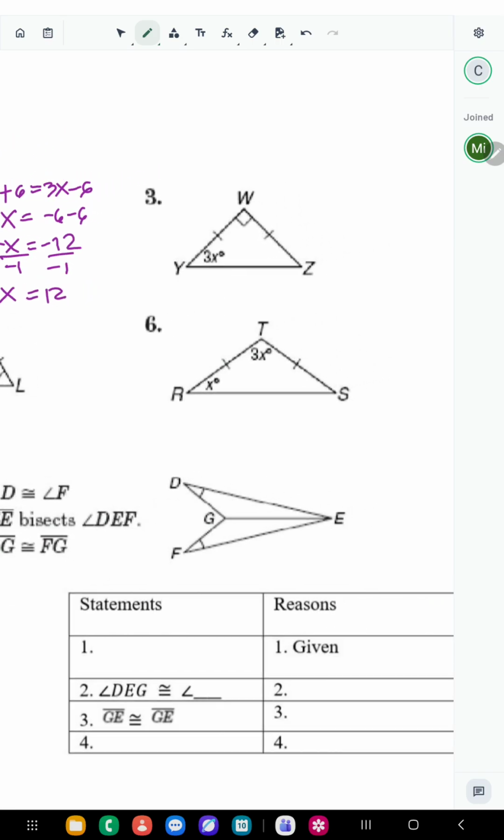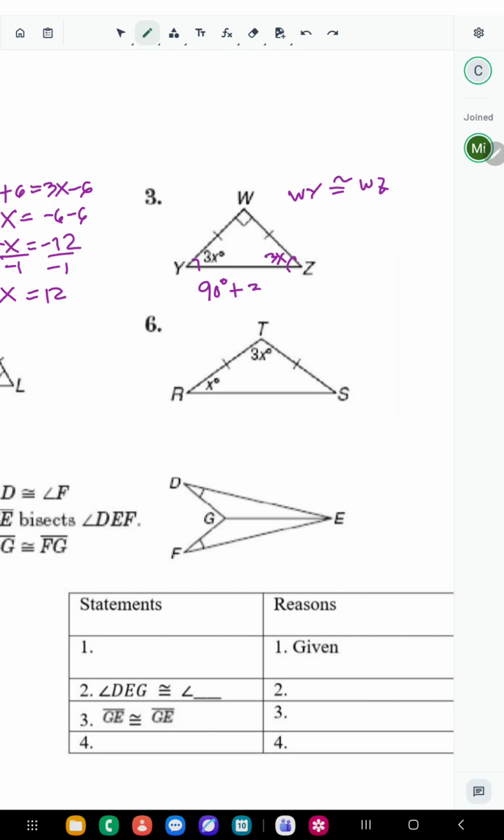Okay, then we're on number 3. It says WY is congruent to WZ. So that means the base angles are congruent. This is also 3x. So that is 90 degrees plus, because this is 90. It's indicated in the figure that it's a right angle.